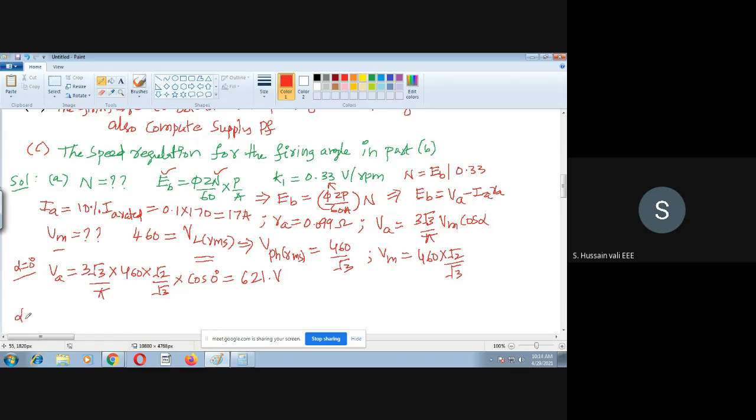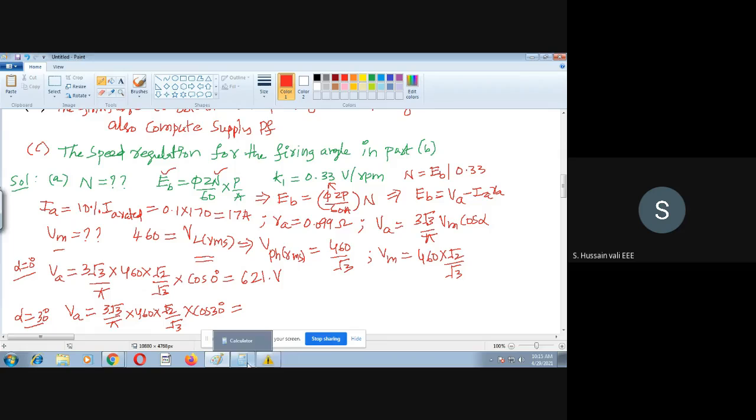Similarly, for alpha equal to 30 degrees, we follow the same procedure. VA is equal to 3 root 3 by pi into Vm into cos 30. So to the earlier answer you multiply with cos 30.